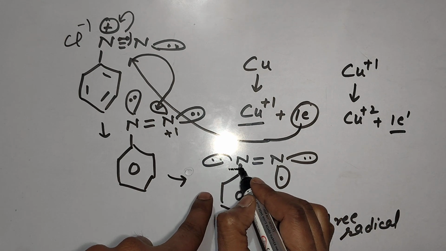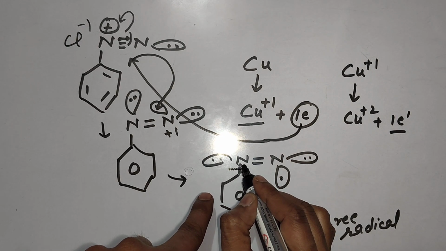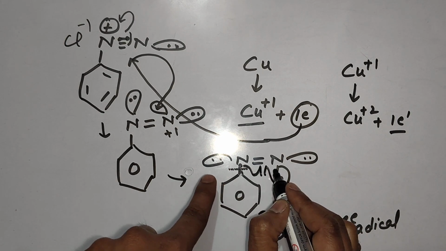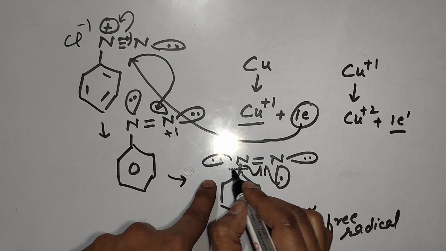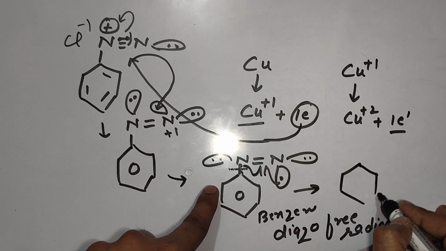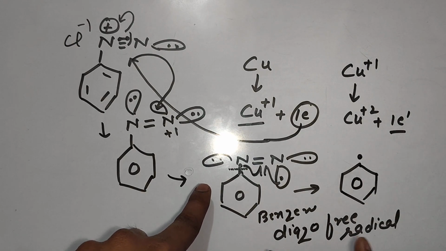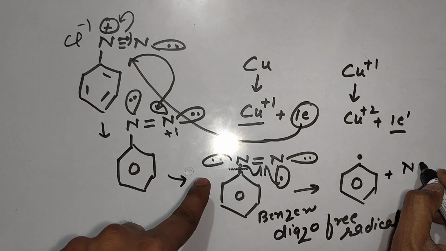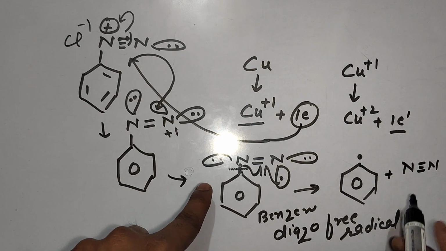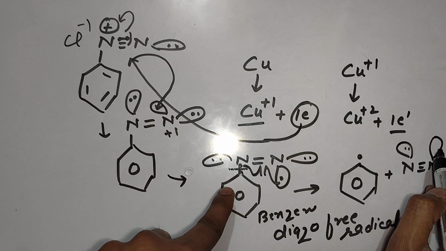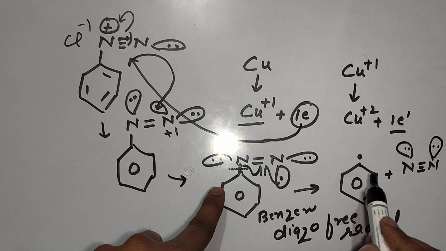The neighbor nitrogen will break the bond from carbon and will shift its 1 unpaired electron here, and 1 unpaired electron will come here and bond formation will happen. And from here the bond will break. Due to which you will get phenyl free radical and nitrogen gas will eliminate in its normal condition like this, with a lone pair on each nitrogen, N2 gas.